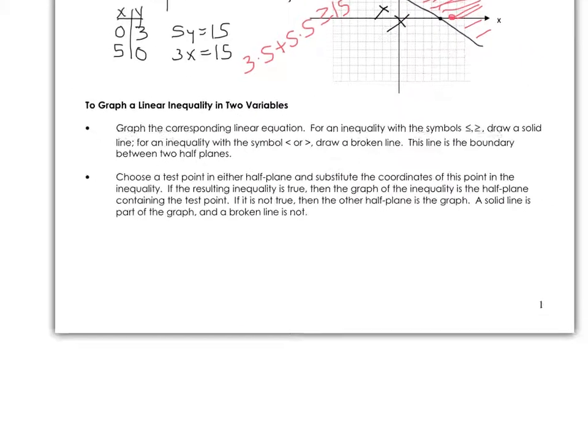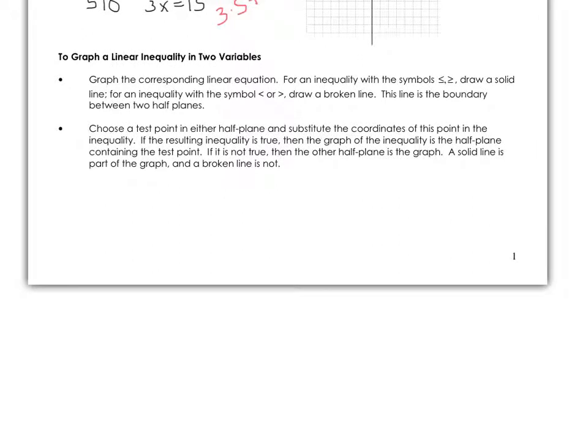So when we graph linear inequalities in two variables, we graph the corresponding linear equation, that's the boundary. For an inequality with symbols greater than or equal to or less than or equal to, we draw a solid line. For an inequality with symbols greater than or less than, we draw a broken line.